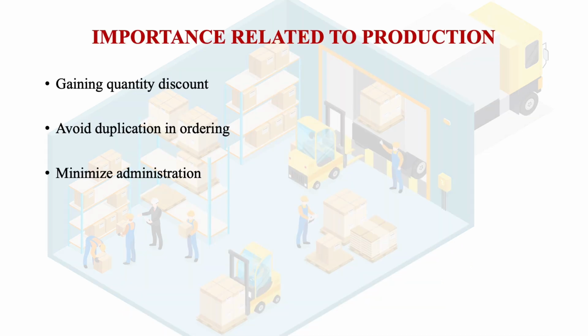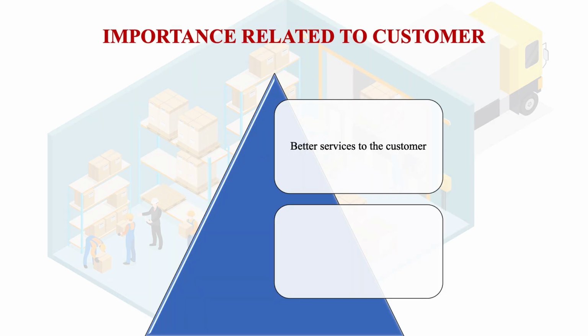Minimize the administration: administrative or bureaucratic actions should be minimized through systematic planning and control of inventory management. Better service to customers: if production goes on time, the customer will get the items on time and in the quantity needed, the customer will be satisfied, and he will develop credibility in the company.